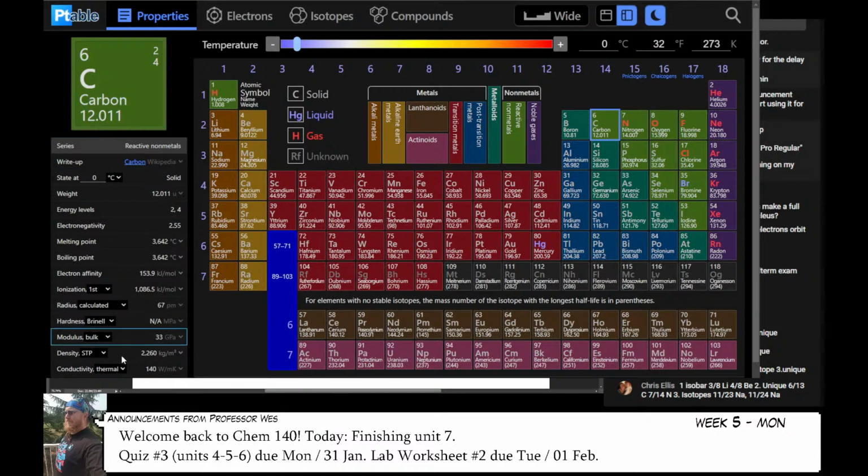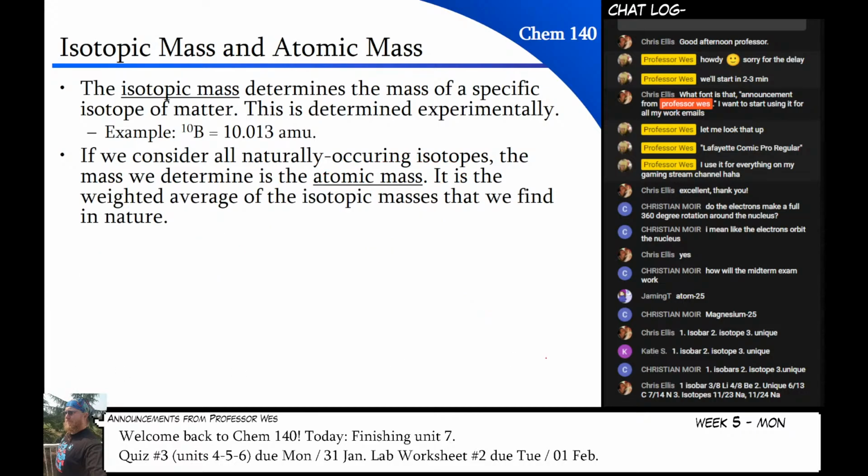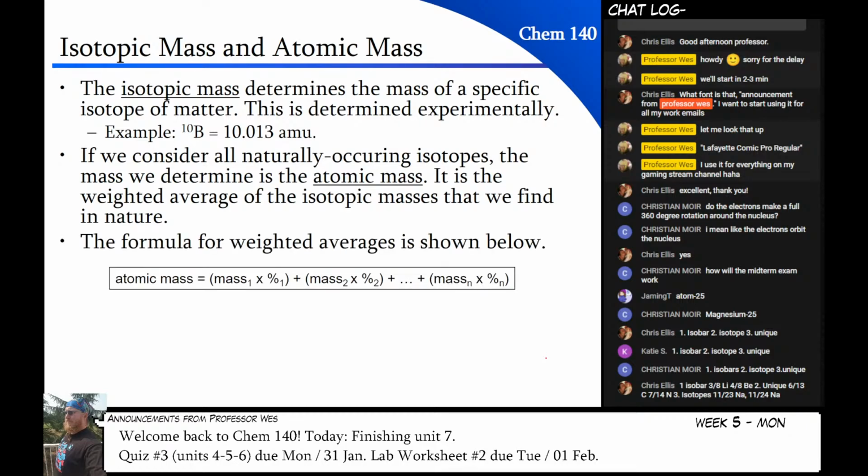And so that number is what we call the atomic mass. And the atomic mass is just the weighted average of all the different isotopes that are naturally abundant. So there's our formula for it.